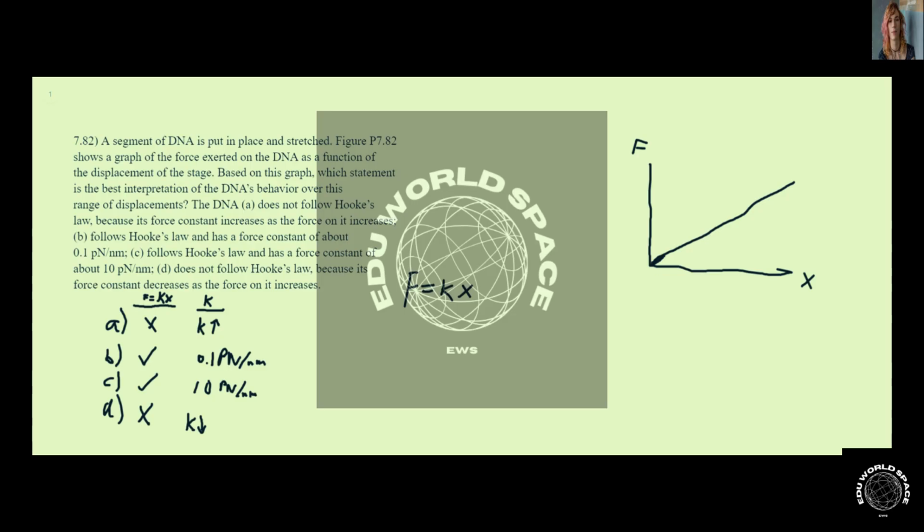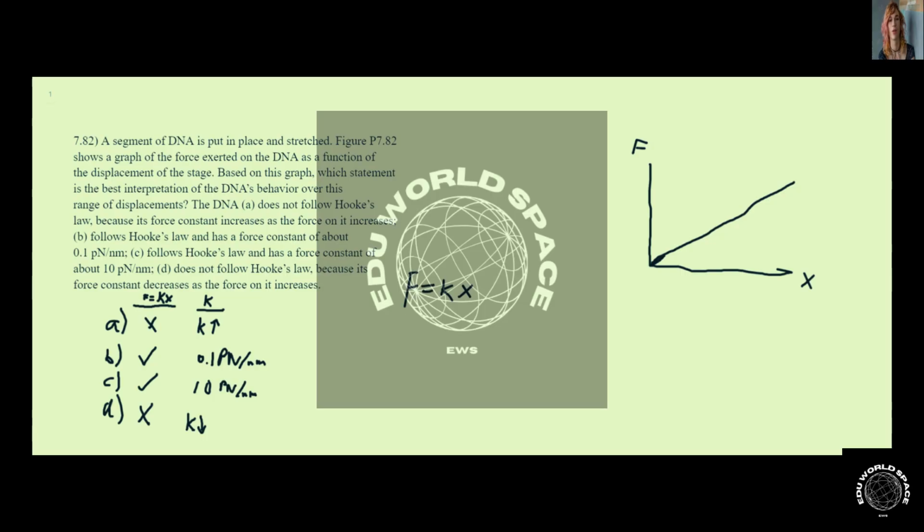Okay, so first off, Hooke's law is an equation. We have the force is equal to some constant times x. And from our understanding of essential equations, of any equation, we know that K here is a slope because it is multiplied by x. If we took a derivative of this, we would find that the slope of this function is K. So first off, it looks like K is constant.